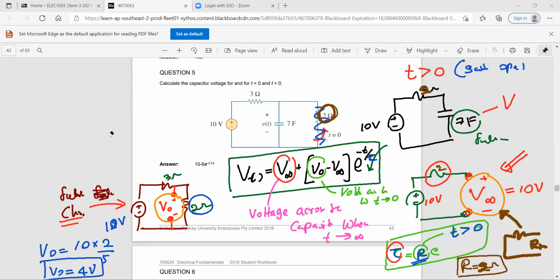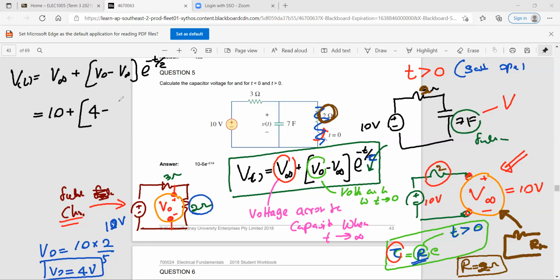So in our equation, we have v(t) equals V infinity plus V naught minus V infinity, times e to the power of negative t over tau. We are just substituting the values. So V infinity is 10 plus V naught, 4 minus 10, e to the power of minus t over tau.